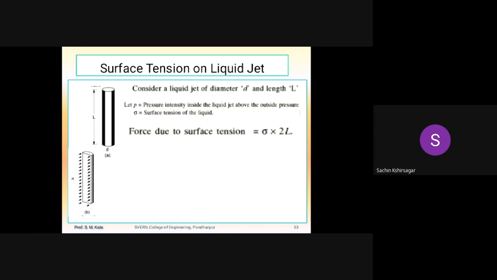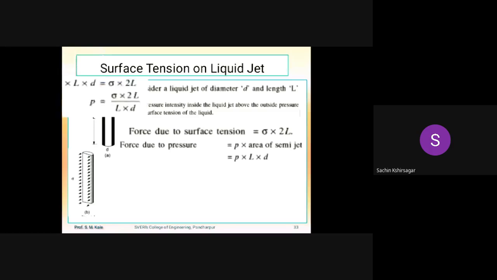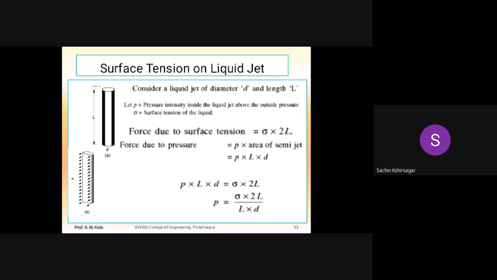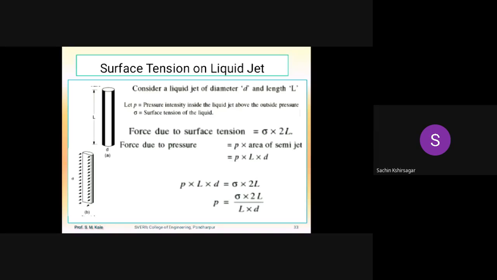Here, pressure force is also acting on that jet of liquid. If I consider the pressure force acting on that jet of liquid, that pressure force acts on the inner surface. So pressure force will be equal to pressure intensity P into area of semi jet.